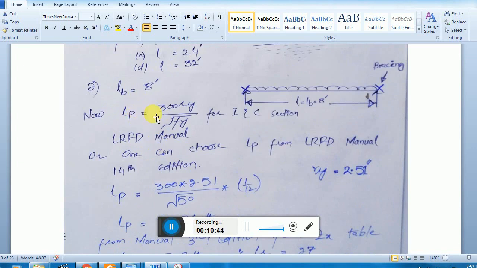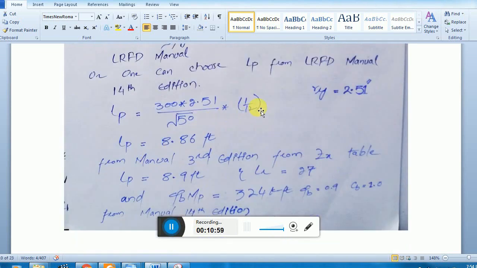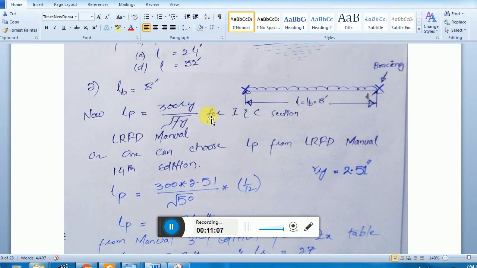Now, these values are also present in tables. I will also show you. For I and C sections in the 14th edition, Lp is calculated and converted into feet, therefore divided by 12. ry is 2.51, which is taken from the table in the manual.